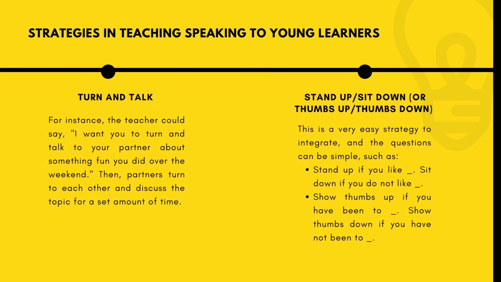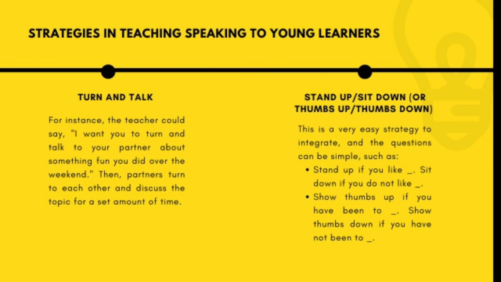Turn and talk may already be familiar to some teachers, but it's very significant when working with young learners. In this strategy, students have a partner toward whom they physically turn and talk about a question asked or topic stated by the teacher. For instance, the teacher could say, I want you to turn and talk to your partner about something fun you did over the weekend.